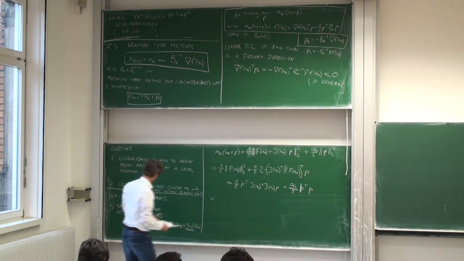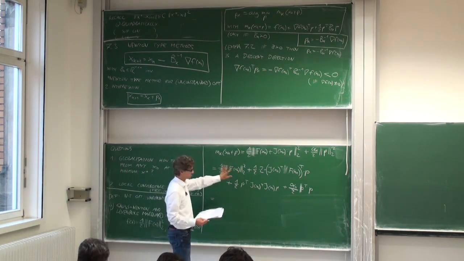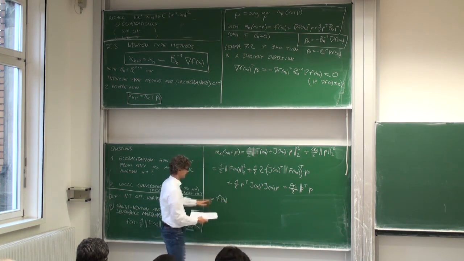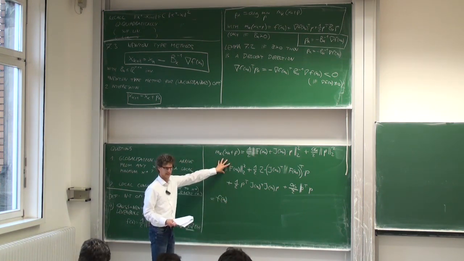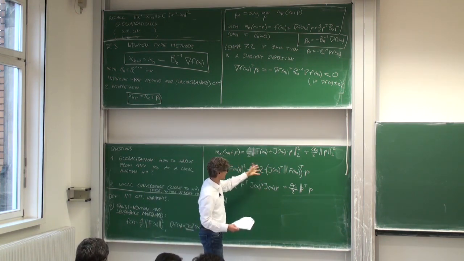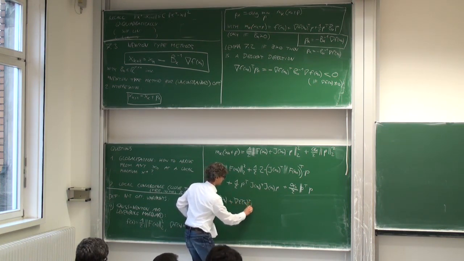If I look back at my original function, then this is actually the function value. It's a constant. It doesn't matter actually, but it's nice to have it. It's consistent. So that's the small f at x_k, right? This thing is the gradient, and it comes exactly with these things. So what I have here is actually nabla f, little f at x_k transpose p.